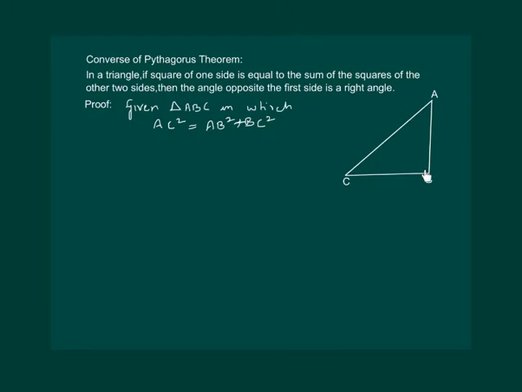To start with, we construct a triangle PQR which is right angled at Q such that PQ is equal to AB and QR is equal to BC.